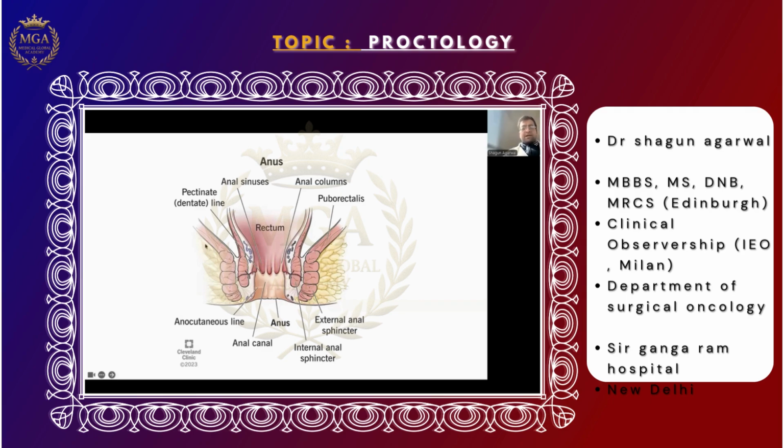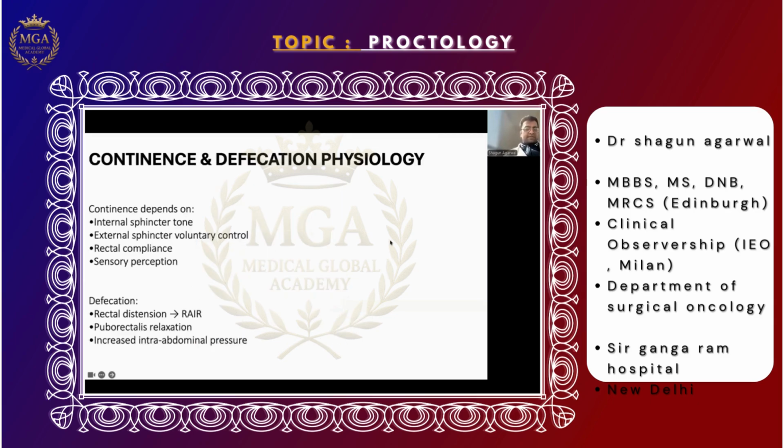That's the puborectalis muscle, and that's where the anal canal starts, and then the rectum starts. That's the external sphincter, this is the internal sphincter, and this is where all the diseases happen that we'll be discussing.